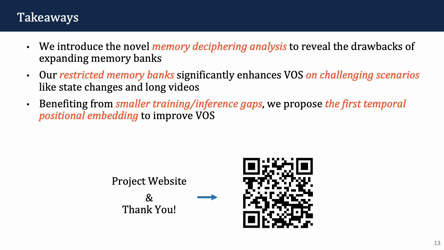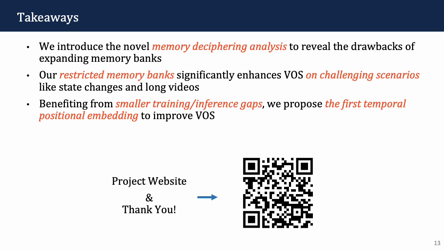So here are the key takeaways of our method. We introduced the novel memory deciphering analysis to review the drawbacks of expanding memory banks. Based on this insight, we designed restricted memory banks to enhance VOS, especially for challenging scenarios like state changes and long videos, which are both highlighted in this workshop.